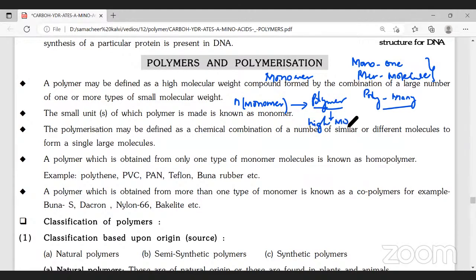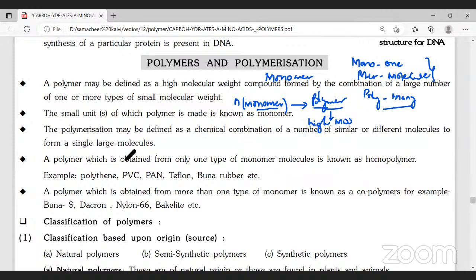So a polymer is defined as high molecular weight compounds formed by the combination of monomers. When 10,000 molecules combine to form a big molecule, a giant molecule with very high molecular mass, it is called a polymer.